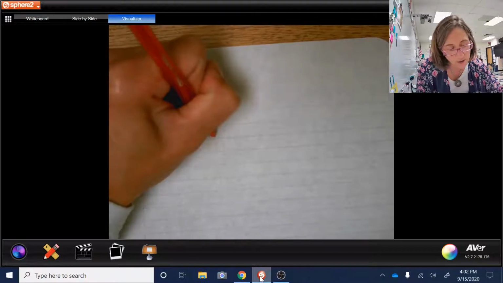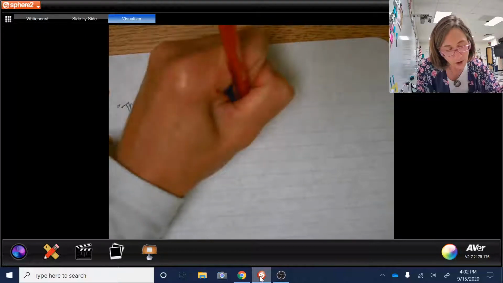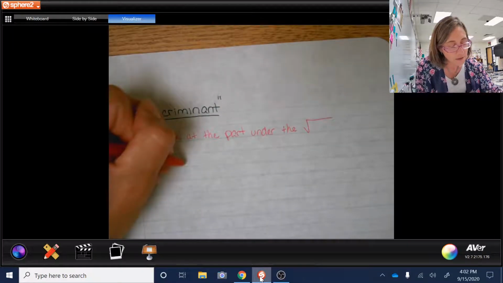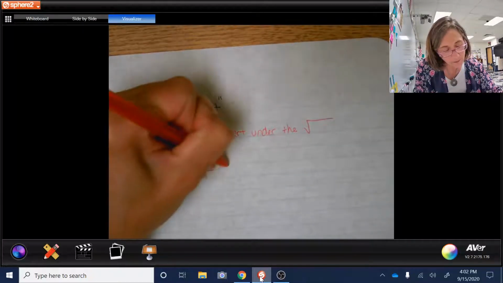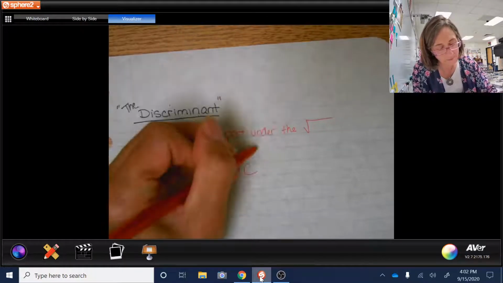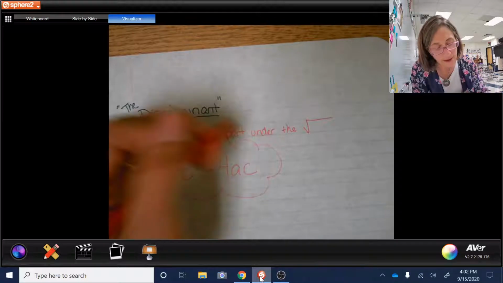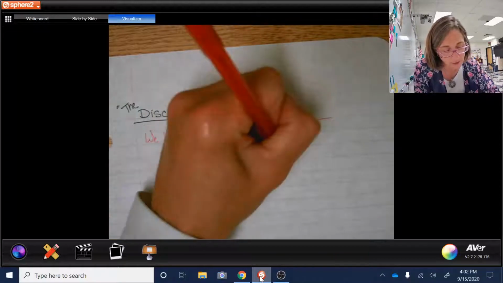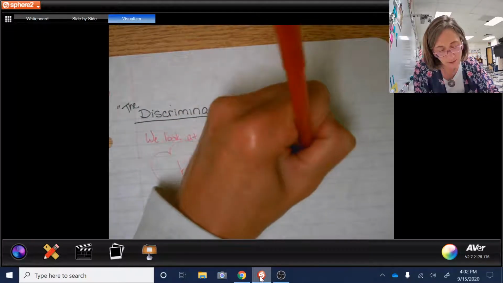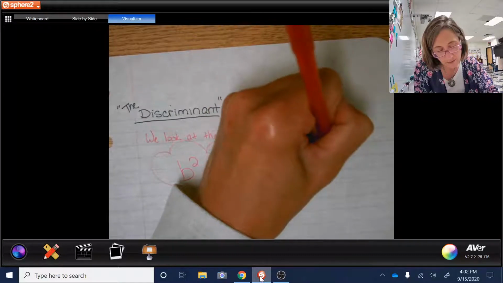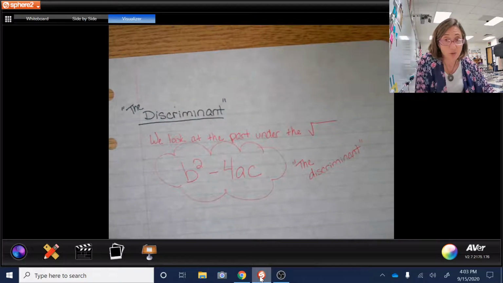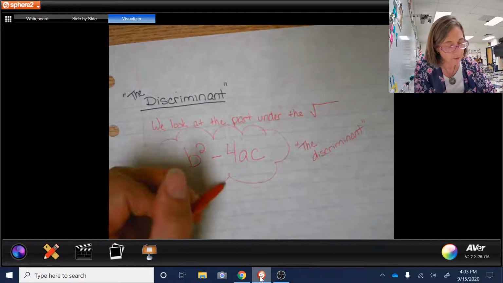So it's the b squared minus 4ac. That's the discriminant. That's how we're going to tell apart how many solutions we have here. Again, no one's going to be mean to any parabolas, okay? We just want to tell if we're going to get one answer or two answers, no answers, okay? So there are three possibilities here.